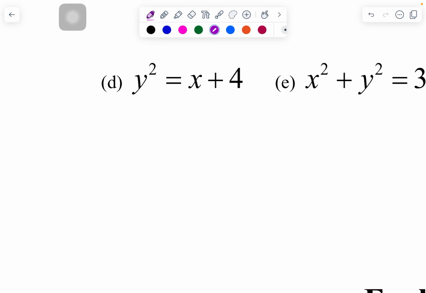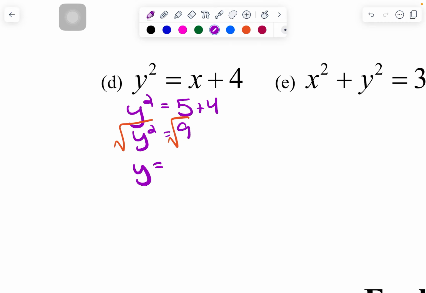All right, sliding on down, there's another equation over here, part D. We got y squared is equal to x plus 4. Again, I'm going to throw a value in for x and see what happens. So let's say in this case, I throw in x is equal to 5. So y squared is equal to 5 plus 4, which is 9. I'm going to go ahead and take a square root because that's going to help me solve for y. And y is equal, now here's where the problem comes in, right?